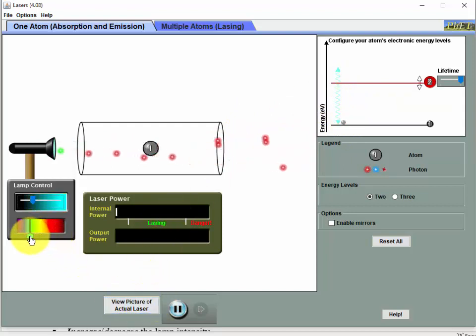If I were to go to a different color, the energy corresponding to this color is this guy right here, and it doesn't match the energy of this atom, so it's not going to stimulate the atom. If I were to go over here, you can see that now it's lower, and it's not going to stimulate the atom either. So absorption is only going to occur when it's hitting it just at the right level.